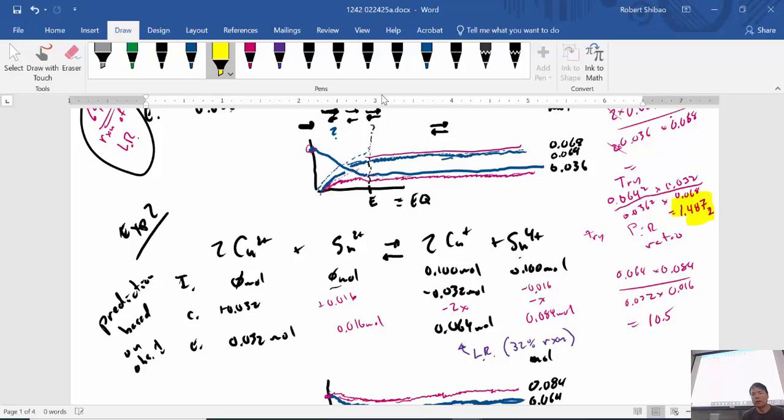All right, so let's see if there's a pattern that exists here. And so we're going to go to the next one. I should have done this a different color, but we'll try it again here. And so this is going to be 0.064 squared times 0.084 divided by 0.022 squared times 0.016.